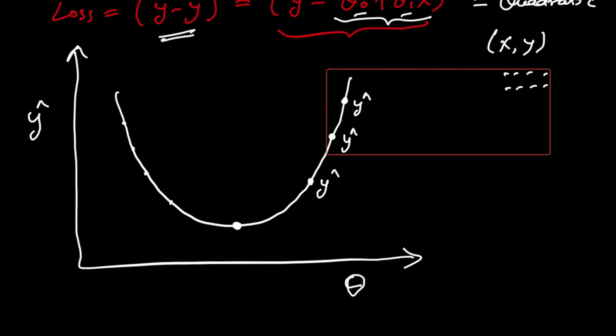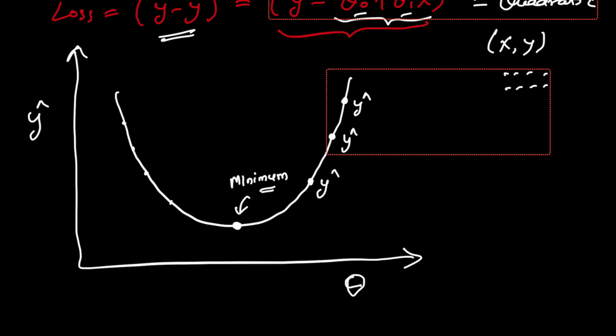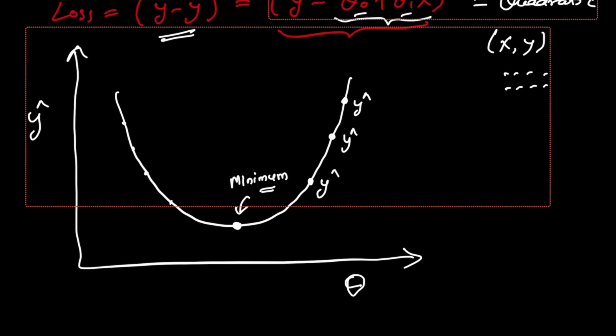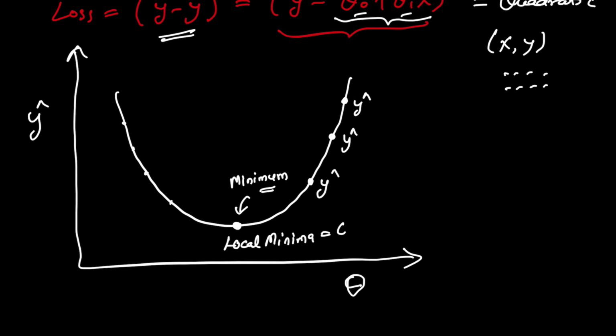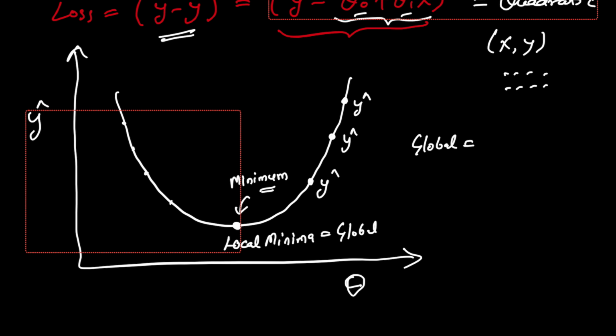So if we take the minimum of this particular curve, this would actually give us minimum loss, right? So I could say this minima, so local minima, or in this case you can also say global minima. So global minima would actually give you minimum loss.